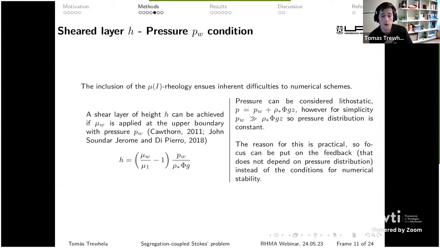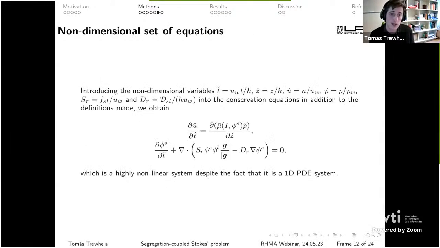So it's convenient to define a height where the mu of I rheology is well defined. This is why I use this h. And it's also to put emphasis on a layer where the actual feedback, the relationship between segregation and rheology, will happen. And also to secure the numerical stability of the solution.